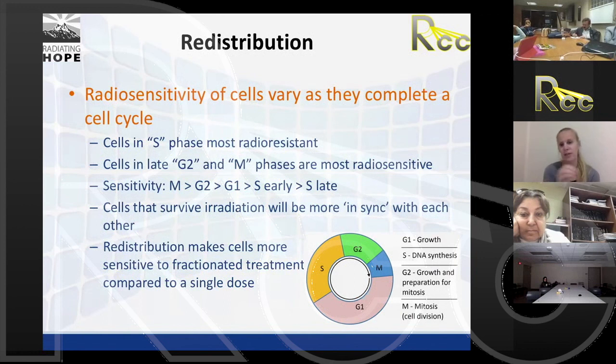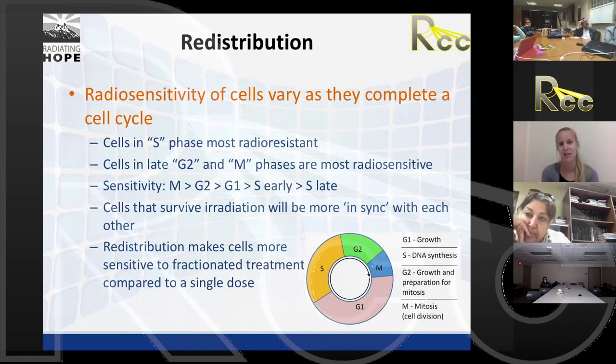During these different phases of an individual cell cycle, they have different radiosensitivities. Cells in the S phase are actually the most radioresistant. It takes more radiation to kill cells in the S phase than cells in the G2 or M phases, which are the most radiosensitive.